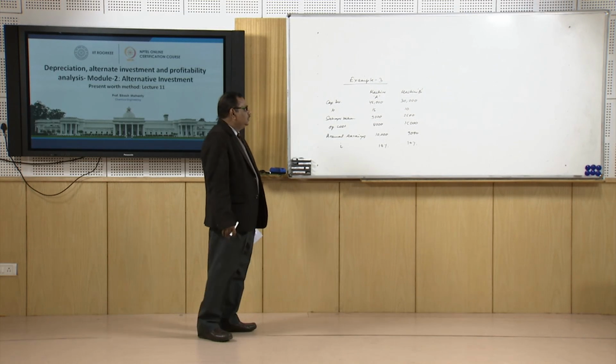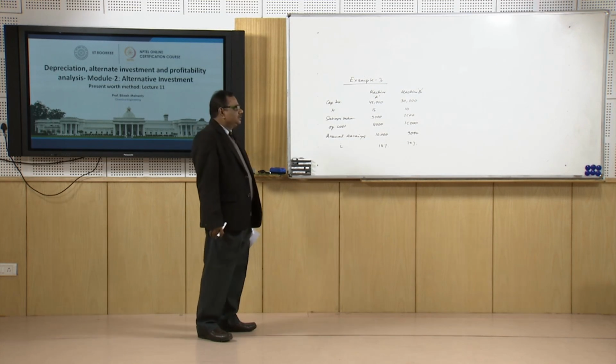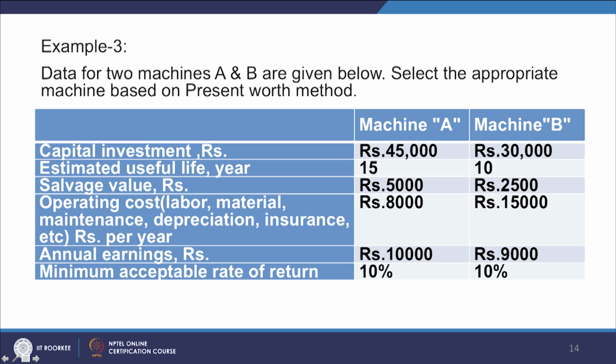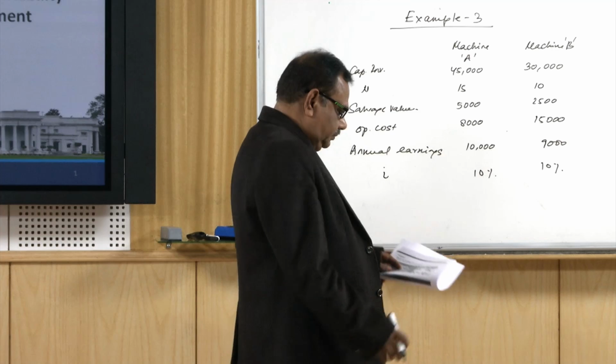So, we have to compare these two investments, that is machine A and machine B, and based on the present worth method tell which machine I should purchase.